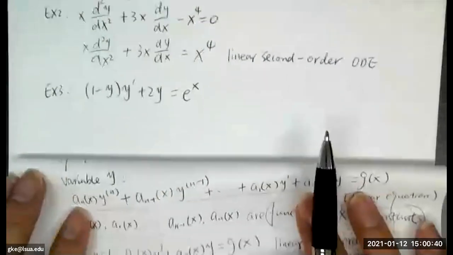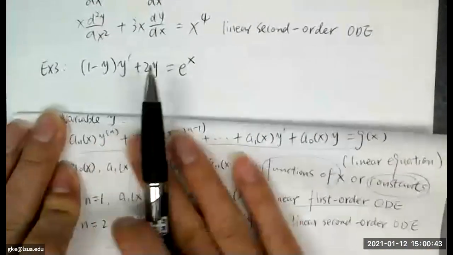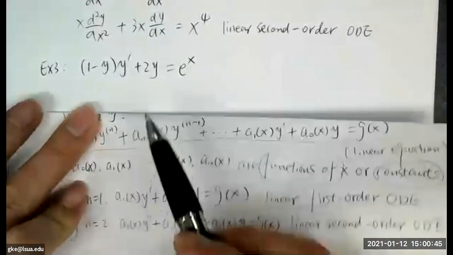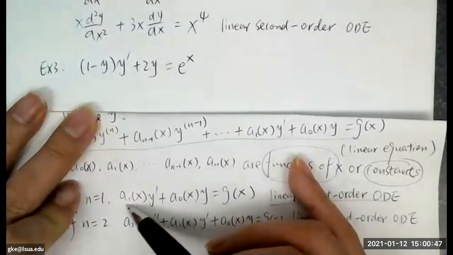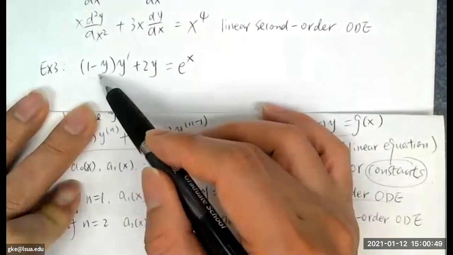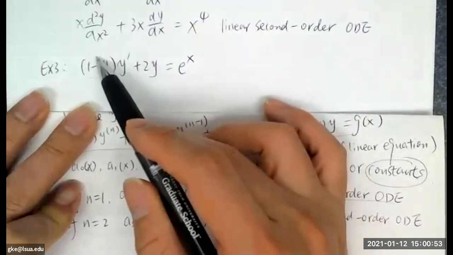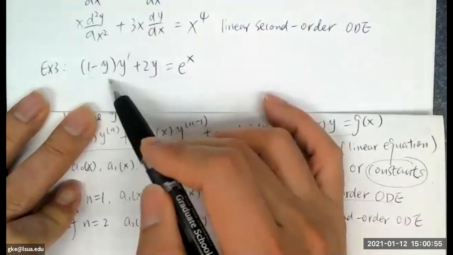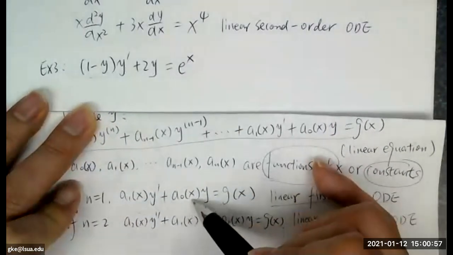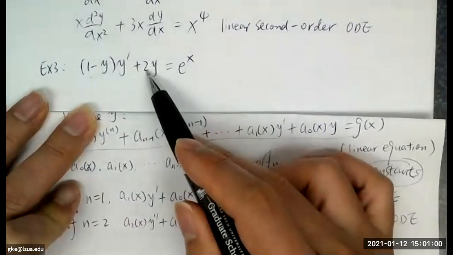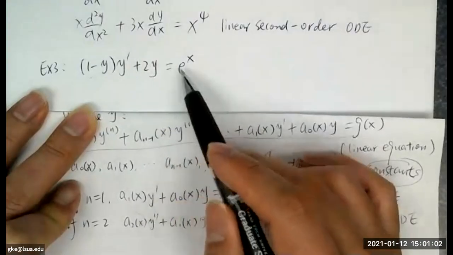Yes, clearly it is first order, right? First order. So for the first order, a1x is 1 minus y. And that is not a function of x. It's a function of y, right? And a0x, the coefficient of y, is 2. That is constant. That's right.